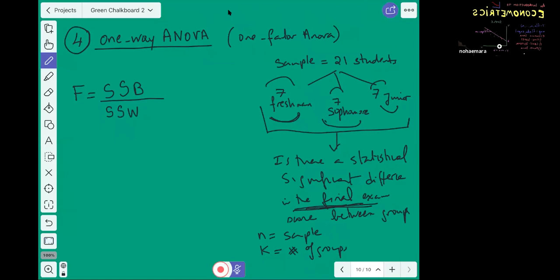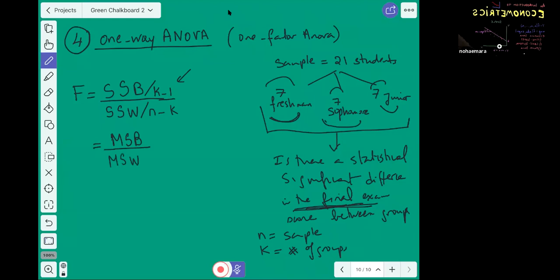This is divided by how many groups I have, minus 1, and this one is divided by the whole sample size minus K. Anytime I have a sum divided by a certain number, I can consider it as the mean. So this is the mean square between groups versus the mean square within groups.